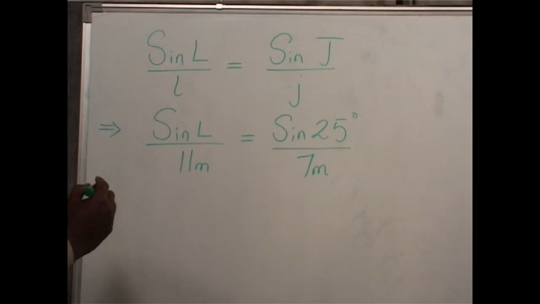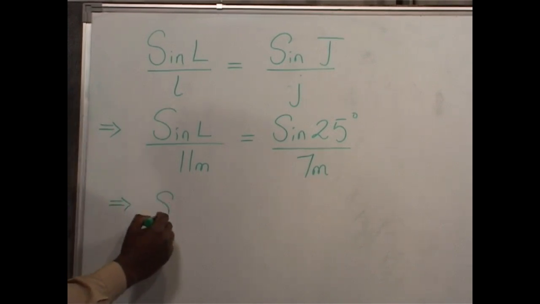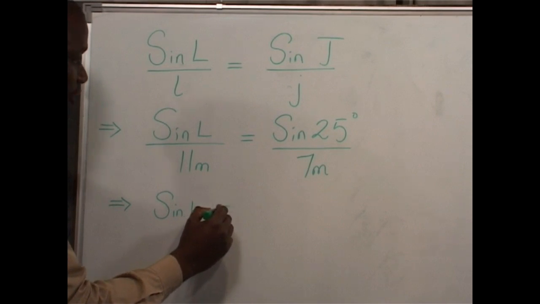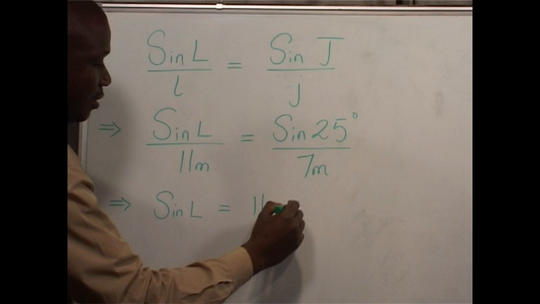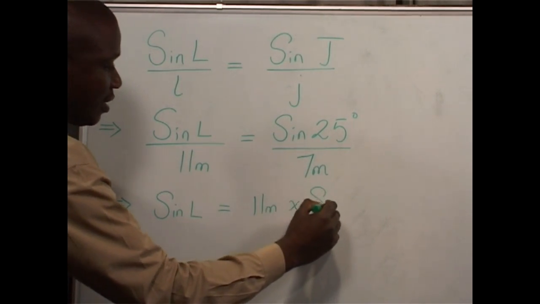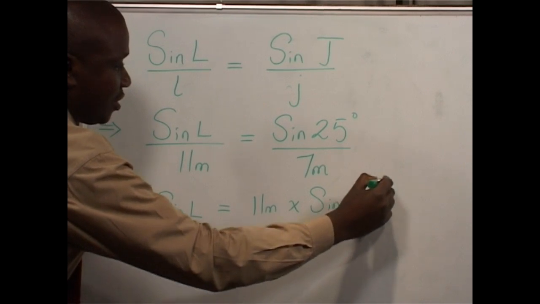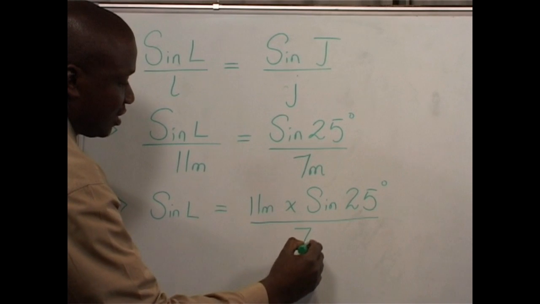And what we will get is the following. The sine of L is equal to 11 meters multiplied by the sine of 25 degrees, everything divided by 7 meters.